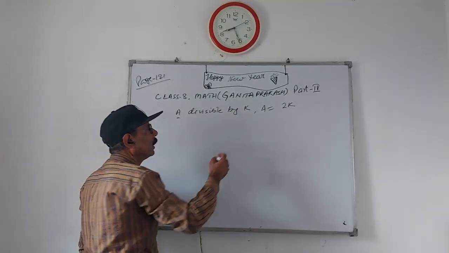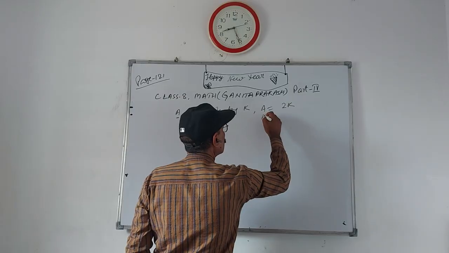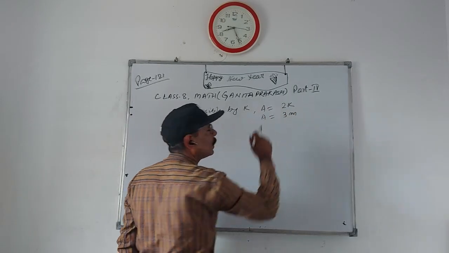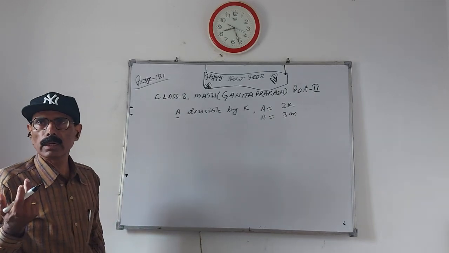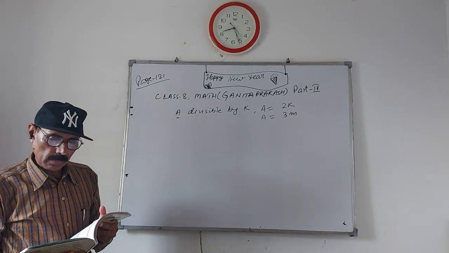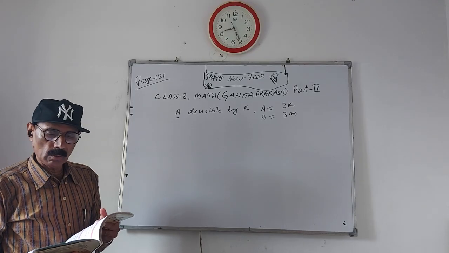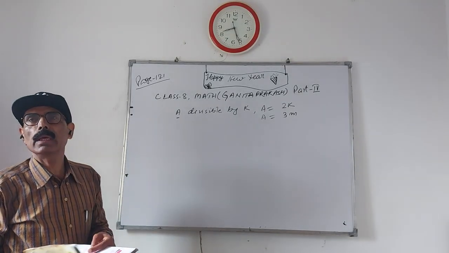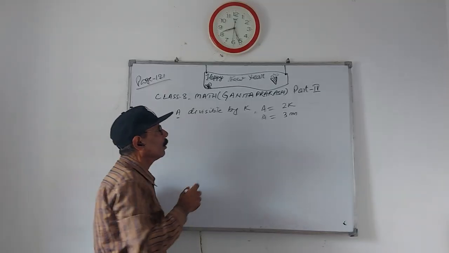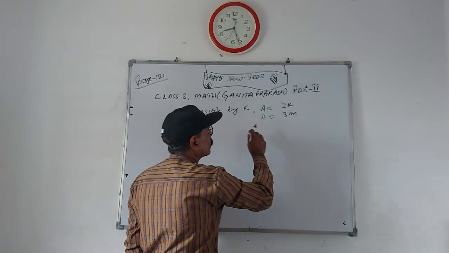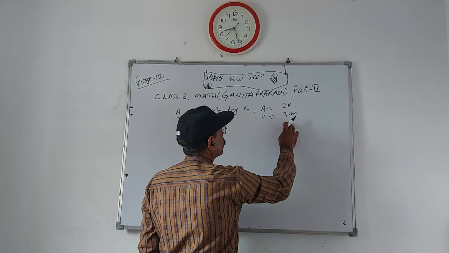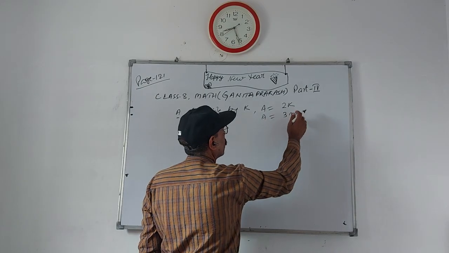Then A is also divisible by M. That means suppose this is 3M, 4M, 10M, any number may come. Then A is divisible by the LCM of K and M.